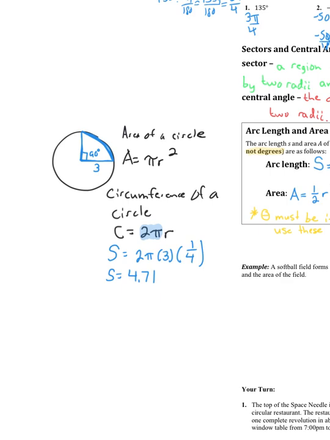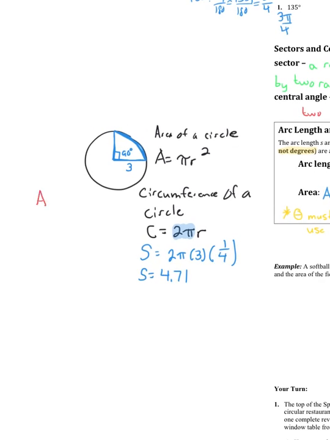Same if I were doing the area of the circle. Area equals pi r squared. If I multiply that by 1/4, that'd be the area of 1/4 of the circle. So again, I don't need any angles. I just say, what's r? r is 3. And I'd find my area that way. These are just numbers I made up. That's where they're coming from.